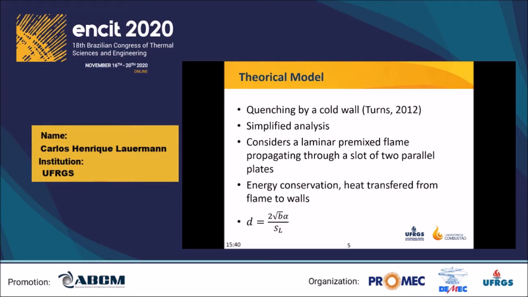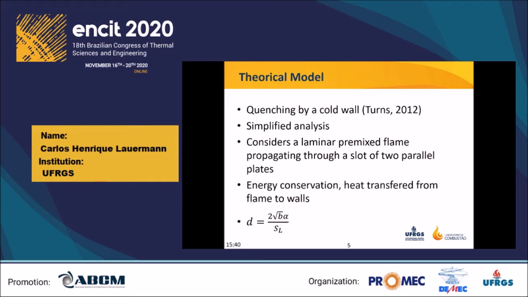Talking now about the theoretical model, there is the model of quenching by cold wall. It's a simplified analysis that considers a laminar premixed flame which propagates through a slot of two parallel plates, and energy conservation is applied where the heat from the flame is transferred to two walls.